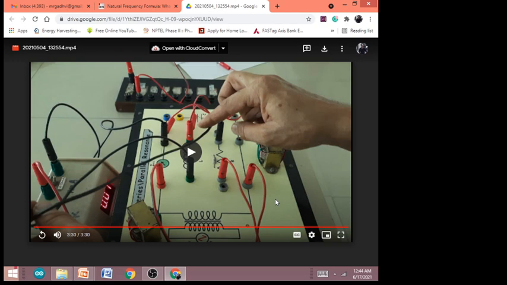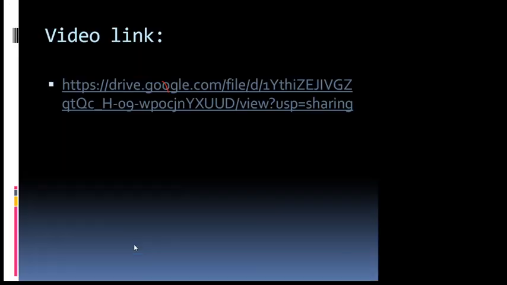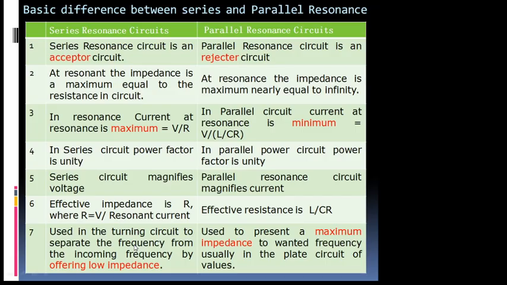Okay, so with this we understand how exactly the practical needs to be executed. I also found a few important points which will be helpful to you, because in the first semester you came across series resonance, and now you are coming to parallel resonance.